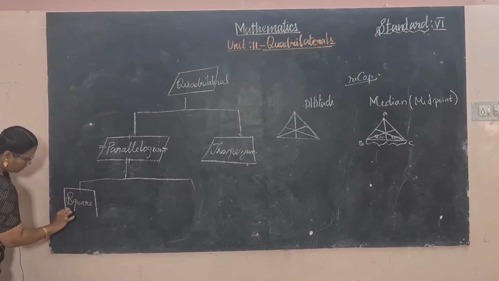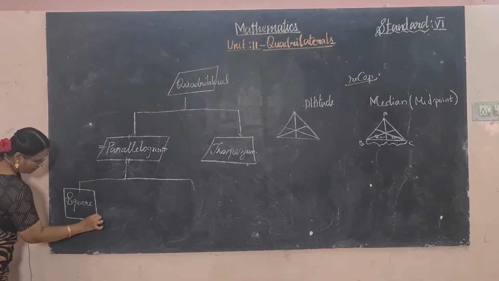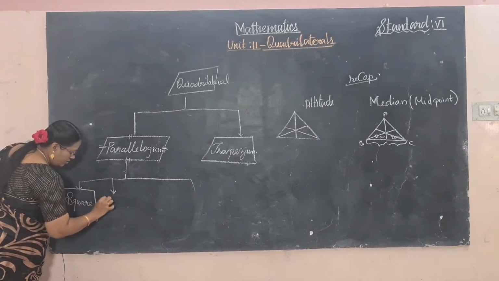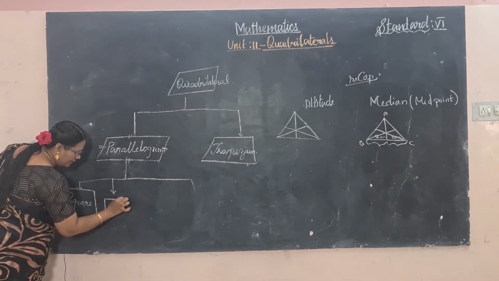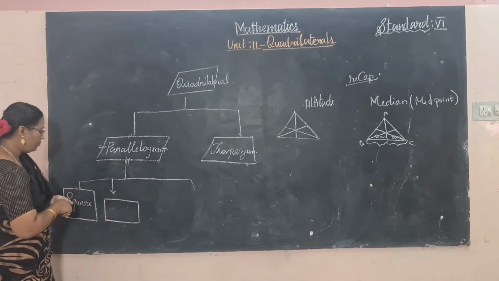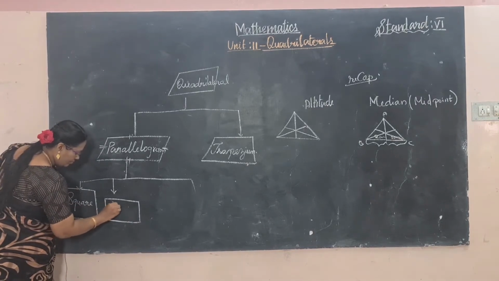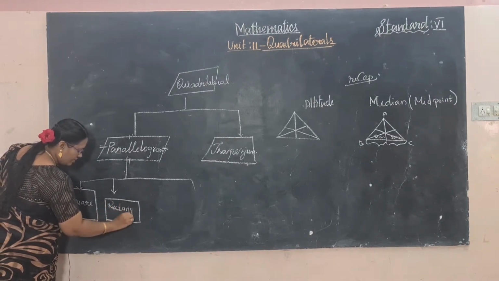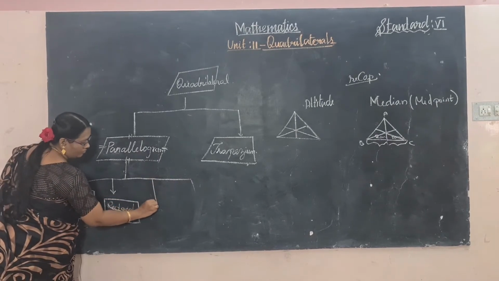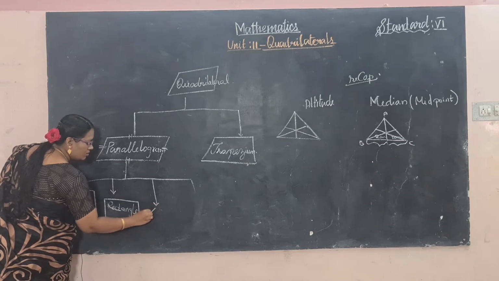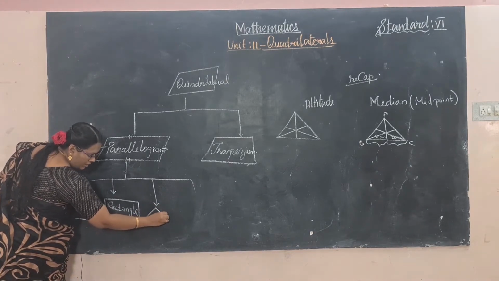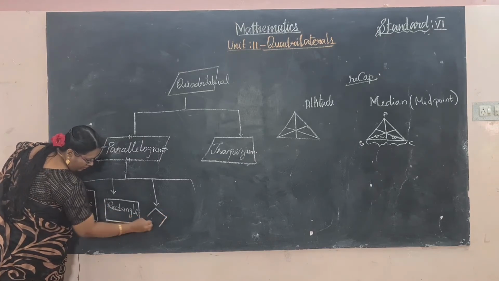Square: all 4 sides are equal in length. That is the first one. And the next one, rectangle. And the third one, rhombus. It also has four sides, and the four sides are equal in length.